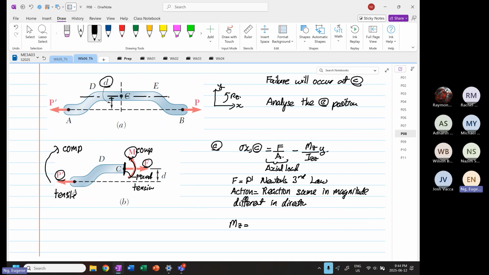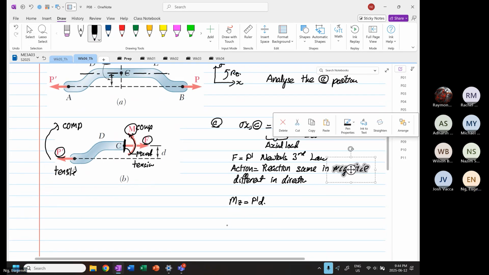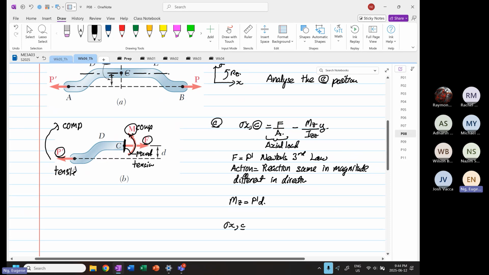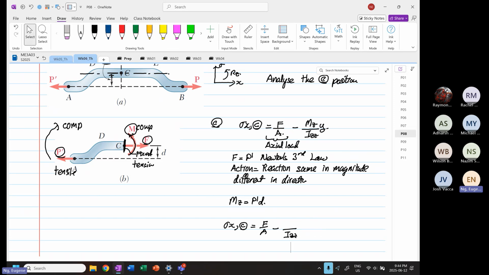So Mz is equal to P prime multiplied by d. Therefore, stress x at point C is equal to F over A minus P prime multiplied by d multiplied by a distance y over Izz.